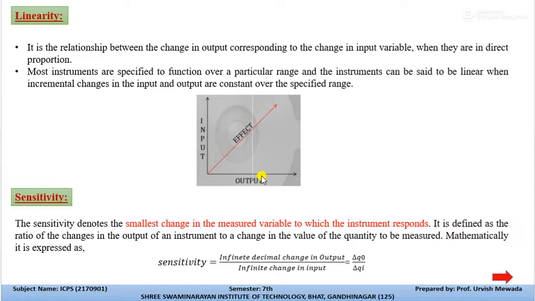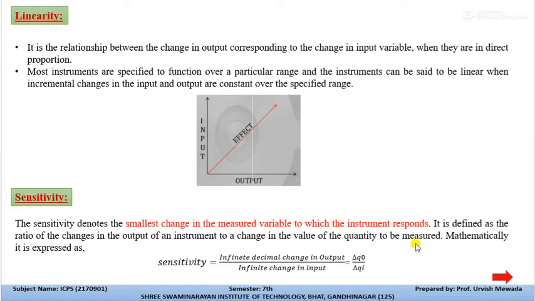Now, sensitivity and resolution may be considered the same. Sensitivity means the smallest change in the measured variable to which the instrument responds. If we give a minimum input to the system and the system responds according to that input, that is the sensitivity of the instrument.